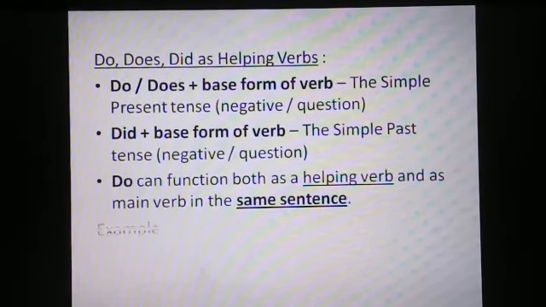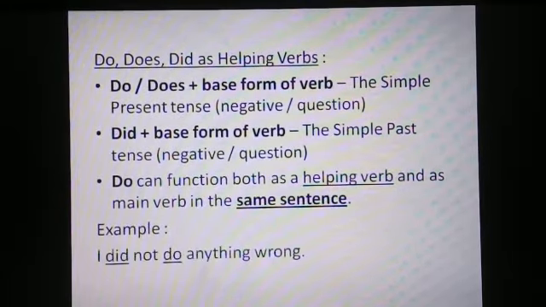Let us see an example of it. I did not do anything wrong. In this sentence, do has functioned both as helping verb and as main verb. As you can see, I is the subject, did, second form of do. Here it is used as helping verb.